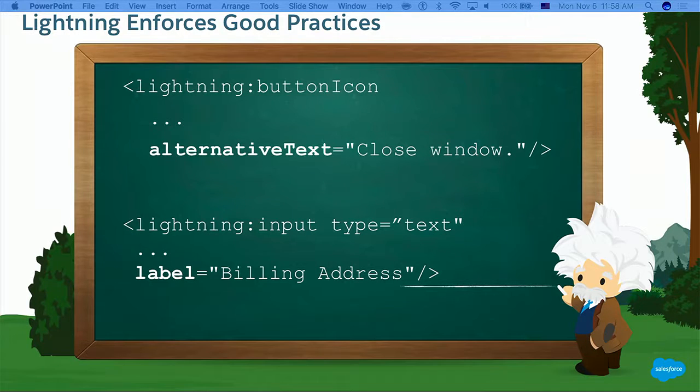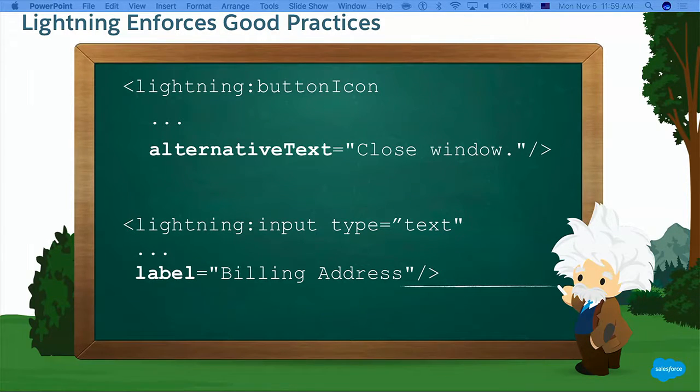Right, so here's two examples. One is talking about this component called Lightning Button Icon. But one of the biggest accessibility errors that we see when it comes to buttons is that when it's just an icon, let's say it's a trash can, you want to delete a record, it'll just visually look like a trash can, but inside the button it never says delete, or in this case, close the window.